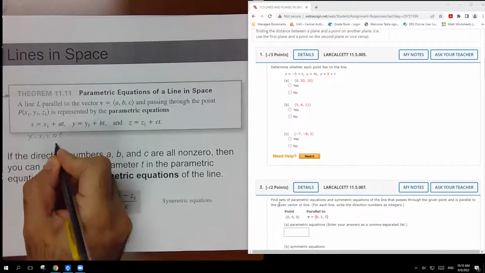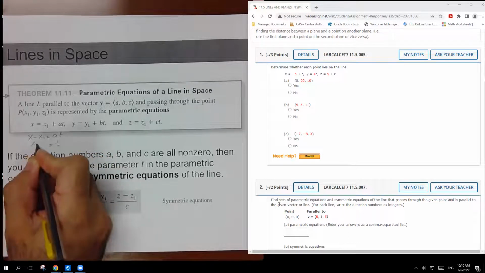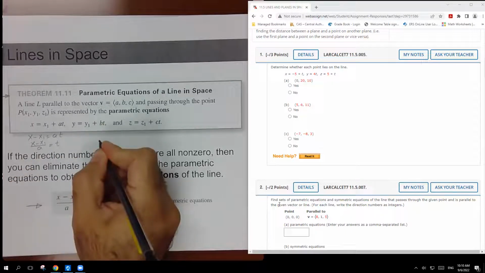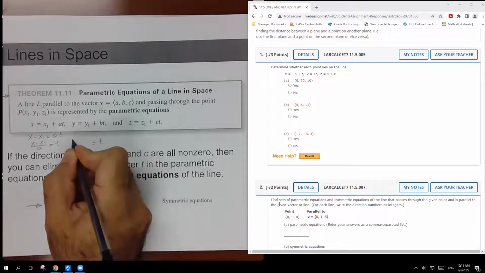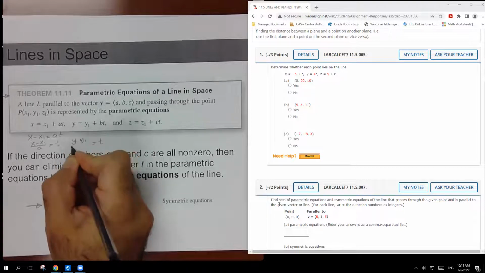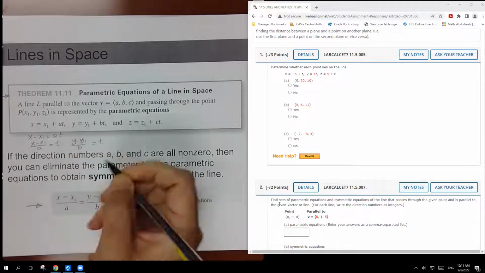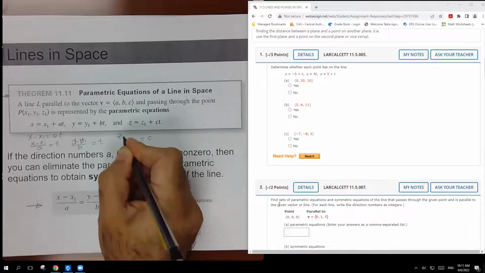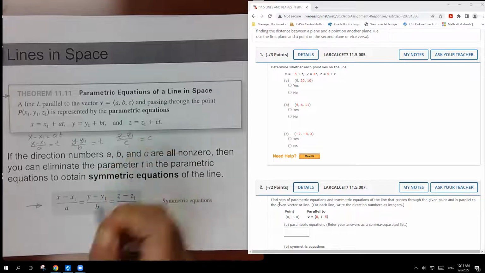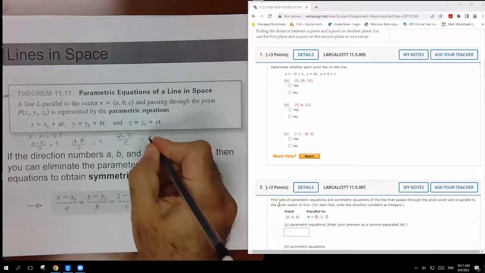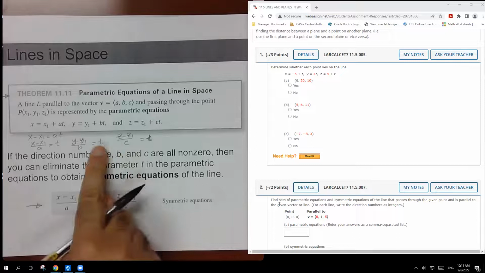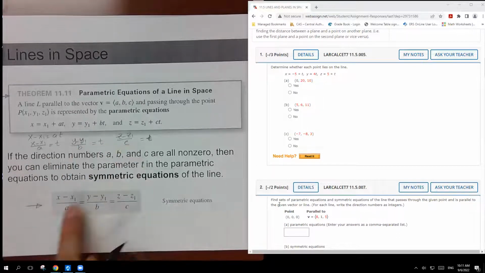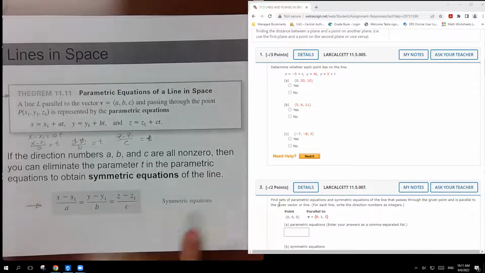Divide both sides by A, so T equals X minus X1 over A. The same thing here: T equals Y minus Y1 over B. On this one, T equals Z minus Z1 over C. So these are all T, meaning this part equals this part equals this part. That's why we got the symmetric equations.